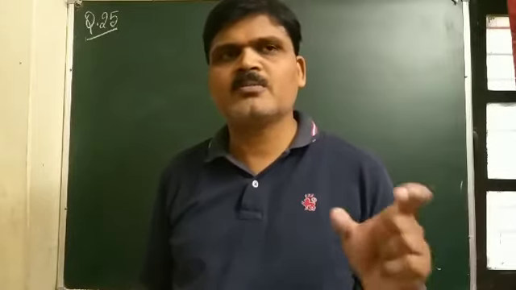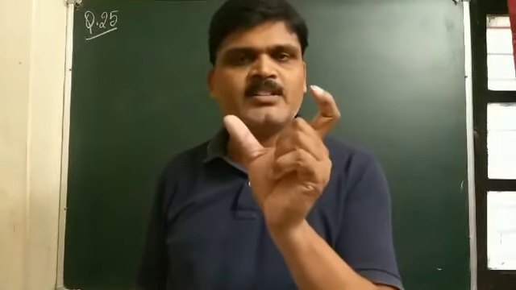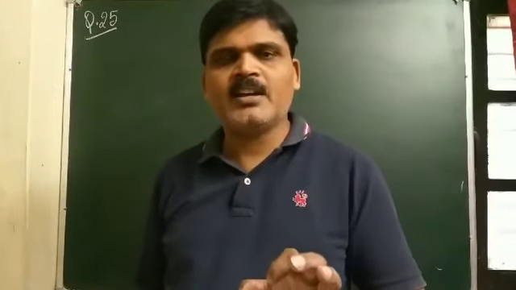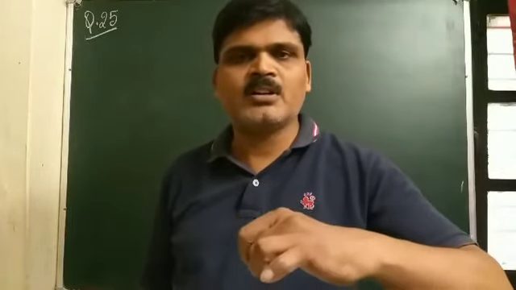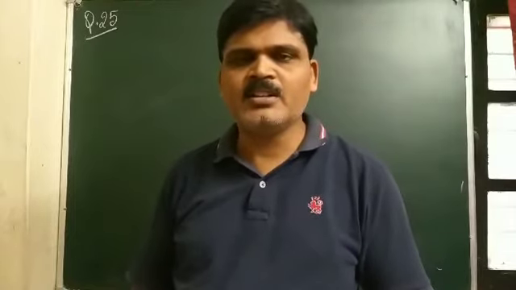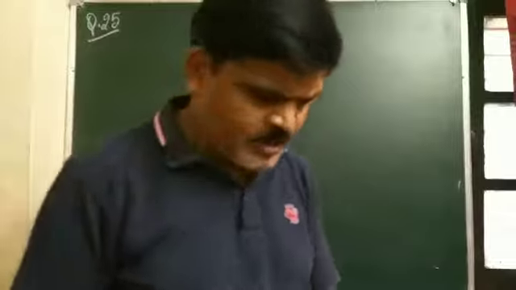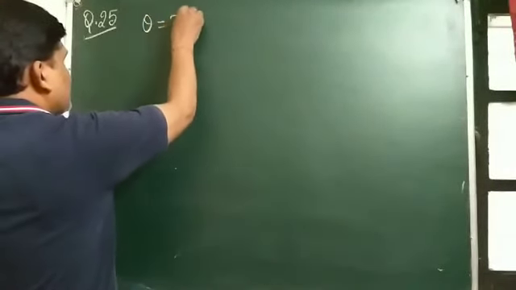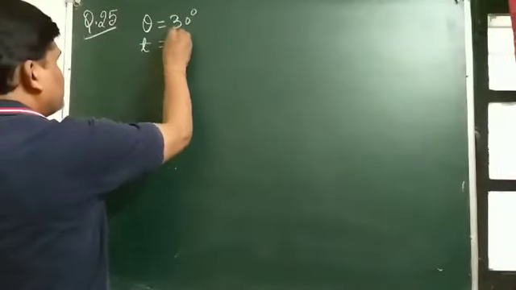So student, first of all, suppose the two positions of the aircraft in 10 seconds are A and B, which subtend an angle of 30 degrees at the observation point on the ground. From this diagram we can find the speed of the aircraft. Here theta is given as 30 degrees, and the time is 10 seconds.